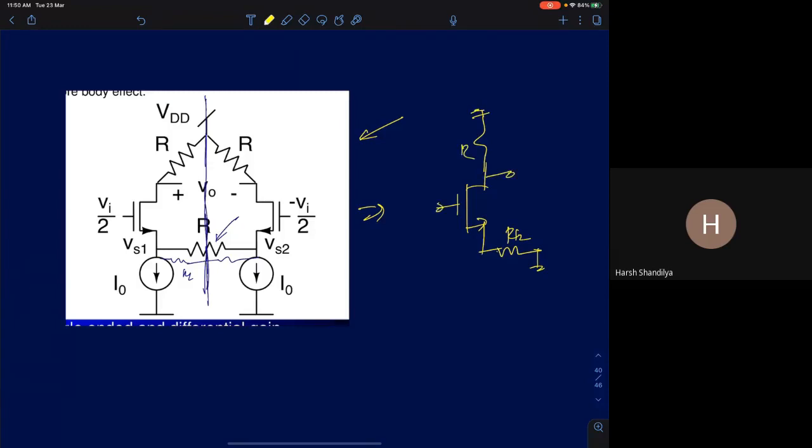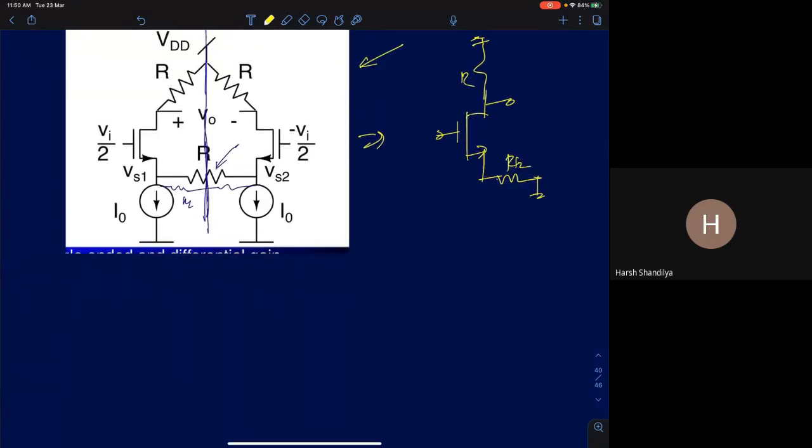So what will be the differential gain for this circuit? Source is terminated with R by 2, so it will be GM into drain resistance. The GM reduces to GM by 1 plus GM R by 2, times the drain resistance, which is R here. That's how you write the expression for differential gain in the circuit.